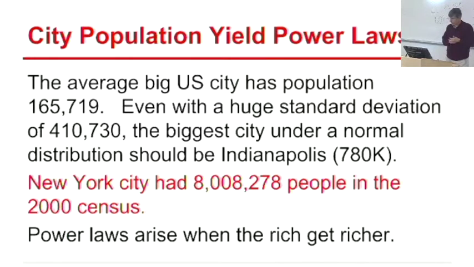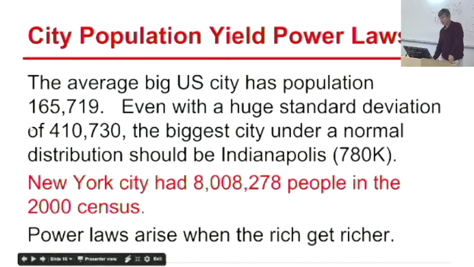Okay. So what about city populations in the United States? Is this something that we would expect city populations to be normally distributed? Or do we expect that there are bigger outliers than you would expect from a normal distribution? Okay? Turns out in the United States, the average large city, when they define large as maybe above 100,000 people, is 165,000 people.